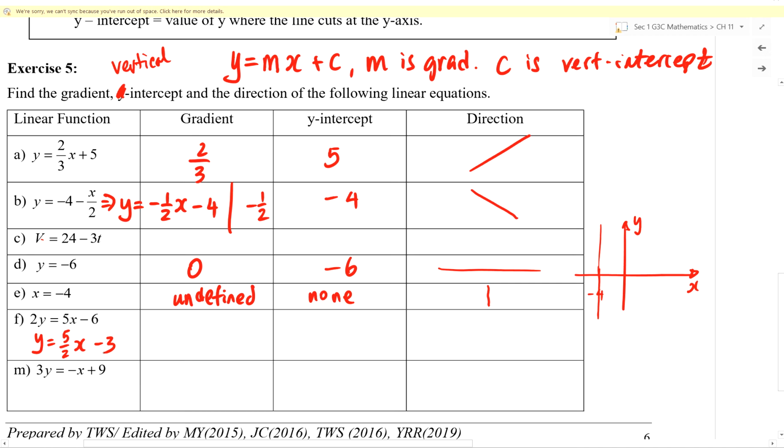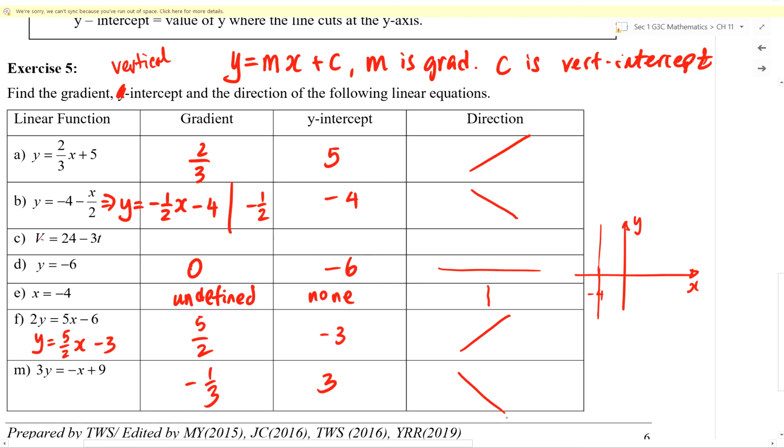So what's the gradient now? 5 over 2. So it slopes up. Intercept, negative 3. Okay, M. What is the gradient? Good. Intercept, 3. Sloping up or down? Down.